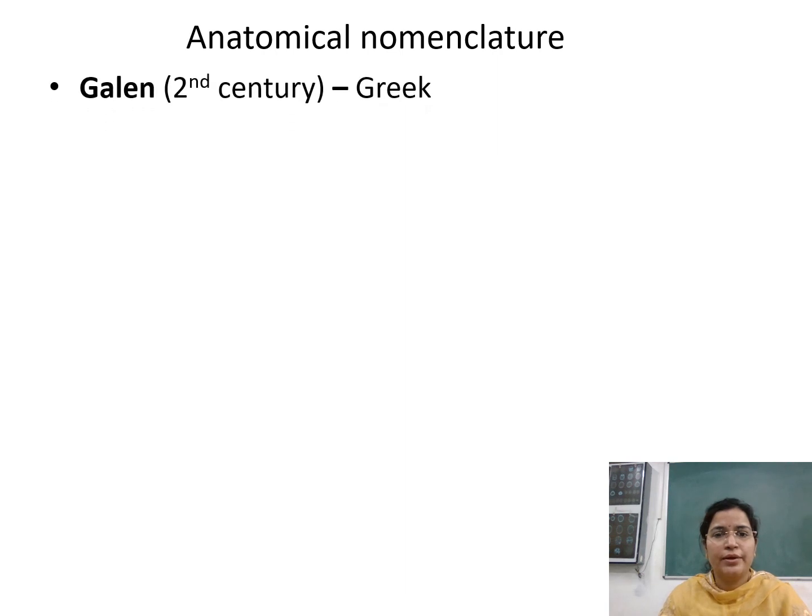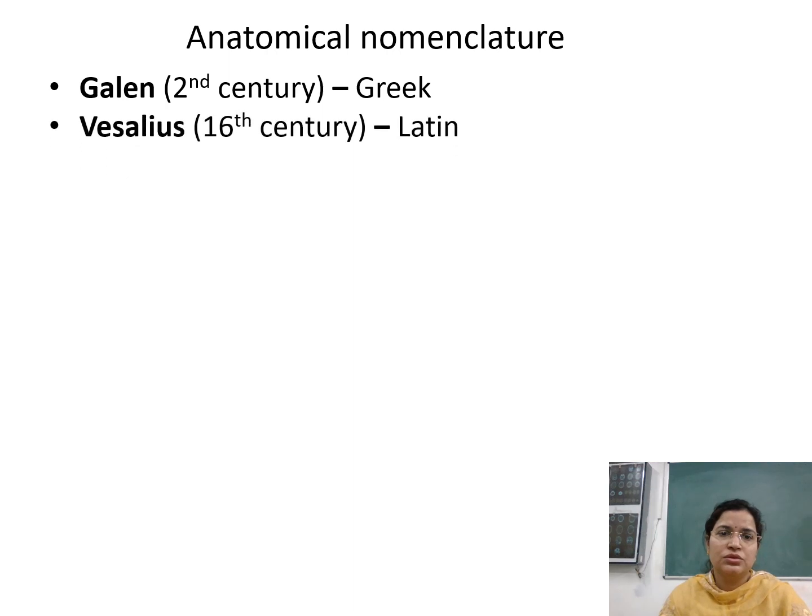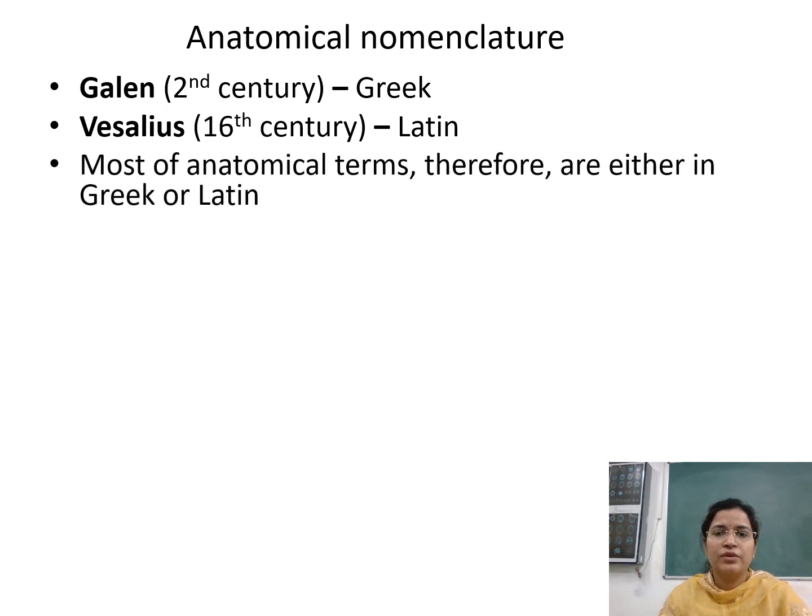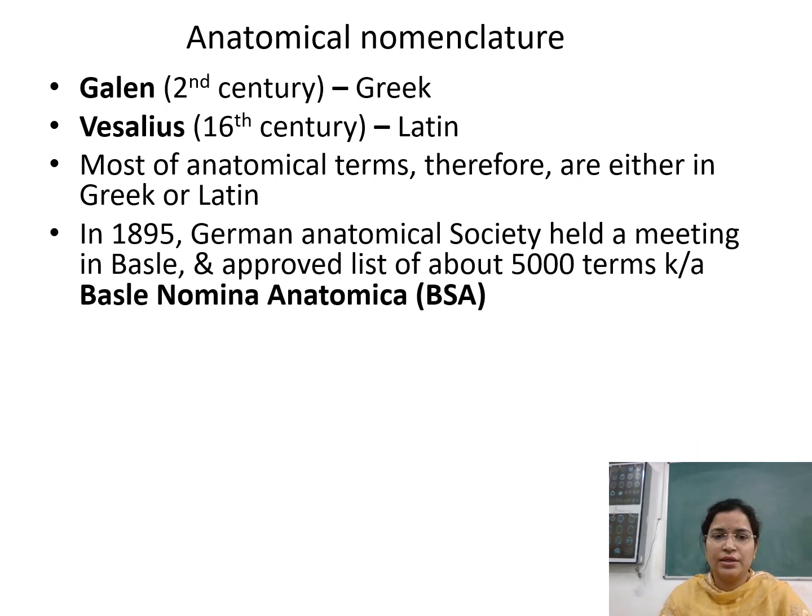Now, what is anatomical nomenclature? Vesalius used Latin words, Galen used Greek words. Most of the anatomical terms, therefore, are either Greek or Latin. In 1895, the German Anatomical Society held a meeting and approved a list of 5,000 terms known as Nomina Anatomica.